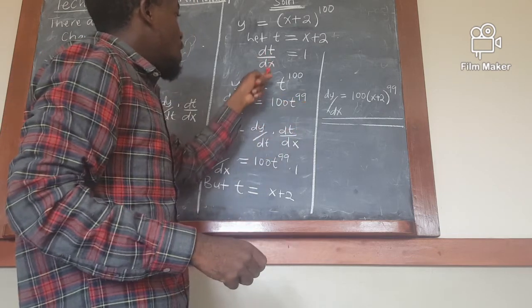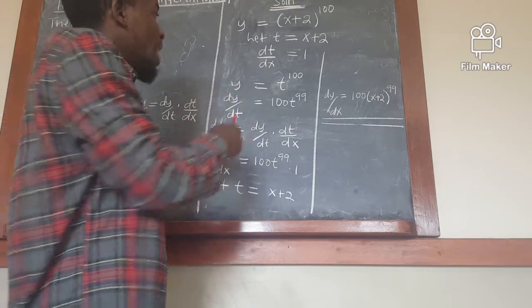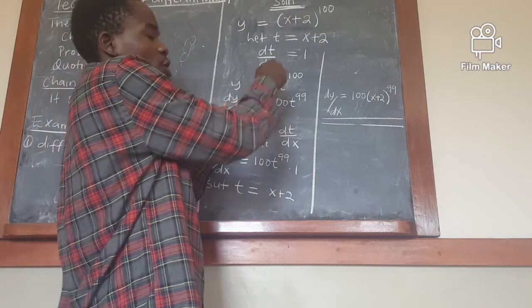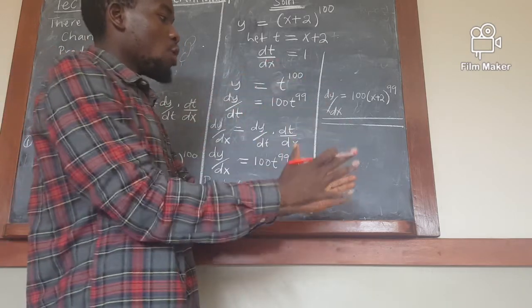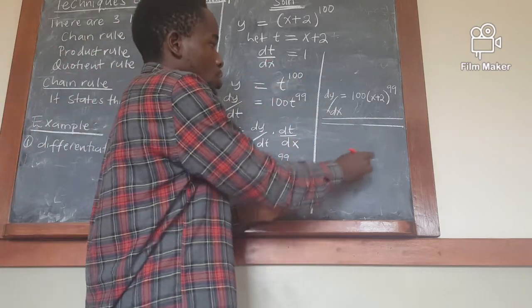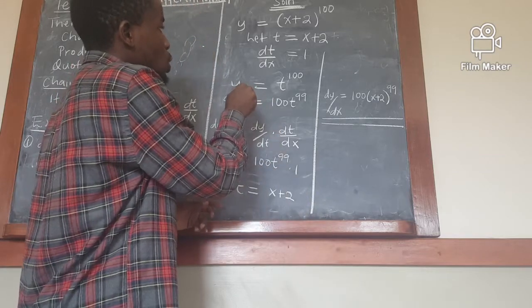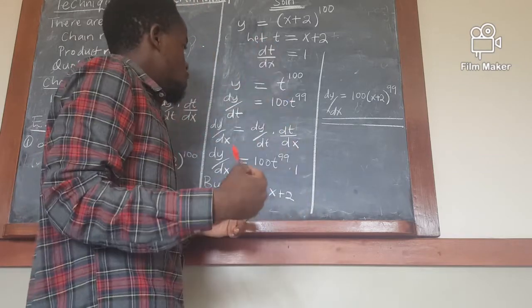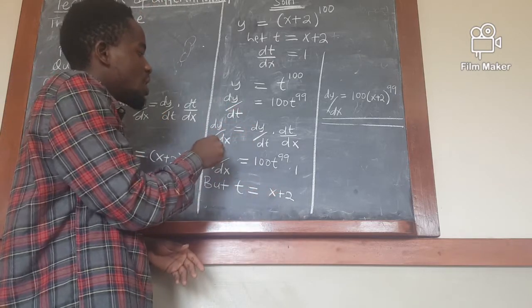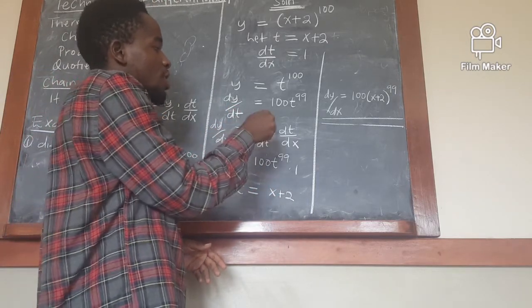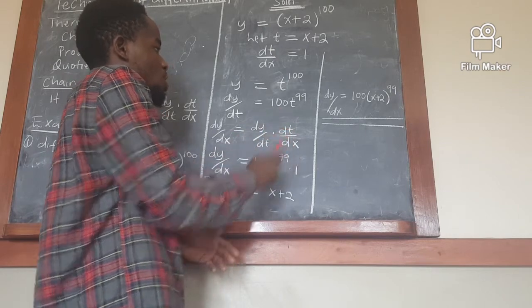We are having dt dx and dy dt. We are having these two specific functions. But remember, we talked of a chain. We combine, we join. So we are going to join this one and this one using chain rule. And chain rule, we know that it states that dy dx is equal to dy dt times dt dx.